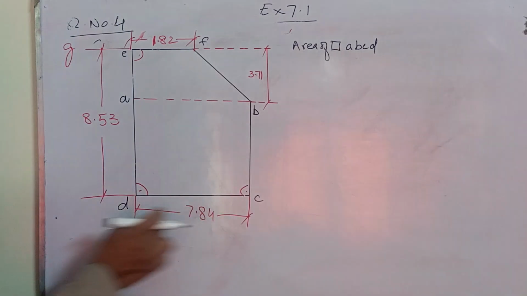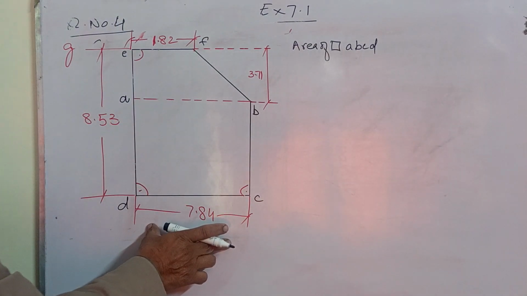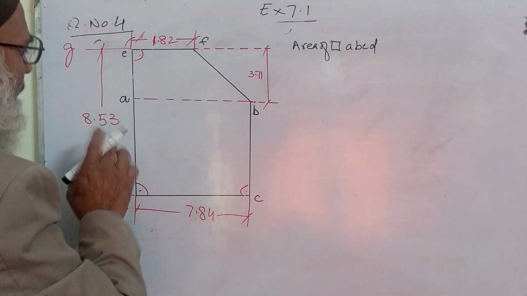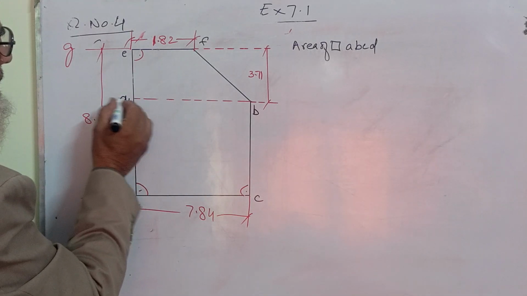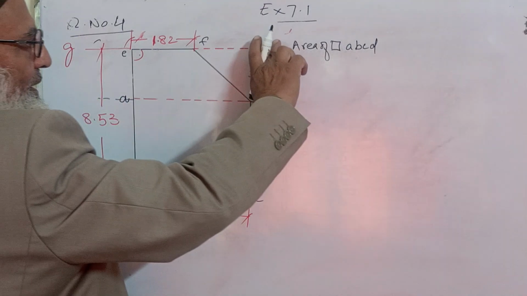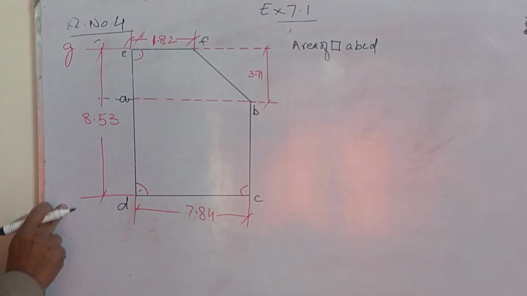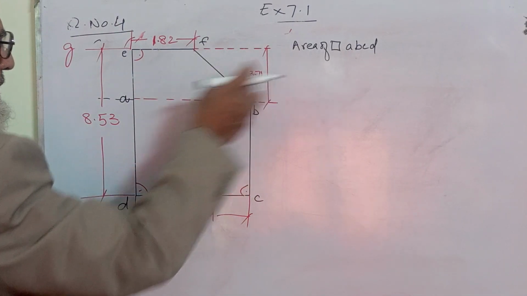This is a rectangle. Let me show how we'll find this side, this one from here to here. You see that the whole dimension is given, this one is given, the cut side is given.